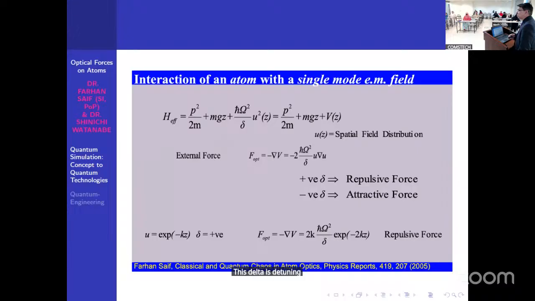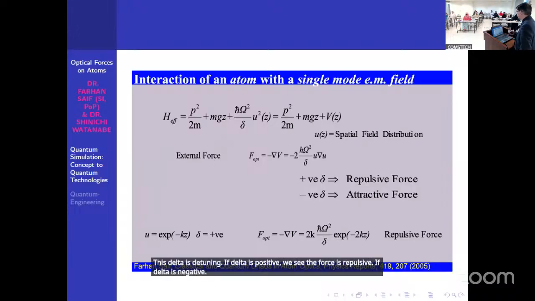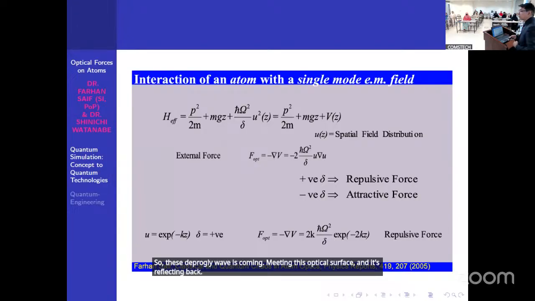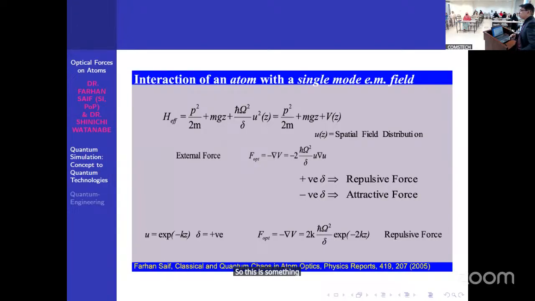If delta is positive, we see the force is repulsive. If delta is negative, we see the force is attractive. So for our purpose, we want a repulsive force because we want to repel the incoming de Broglie wave, that is atoms. So this de Broglie wave is coming, meeting this optical surface, and reflecting back. So this requires that delta be positive.